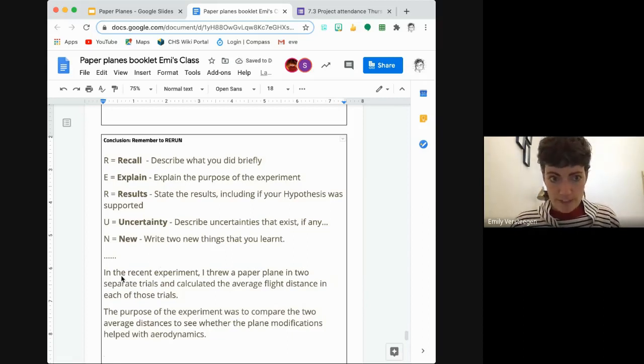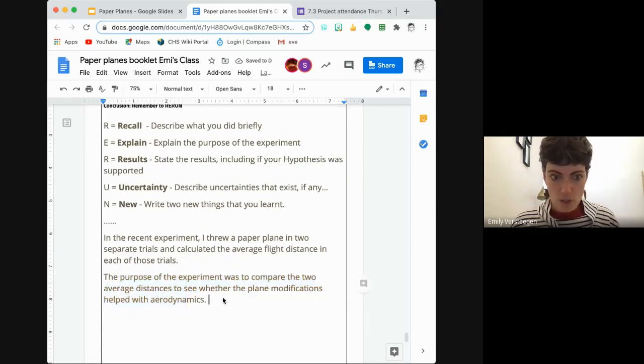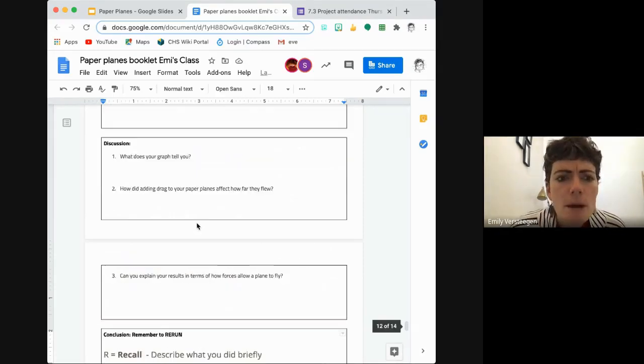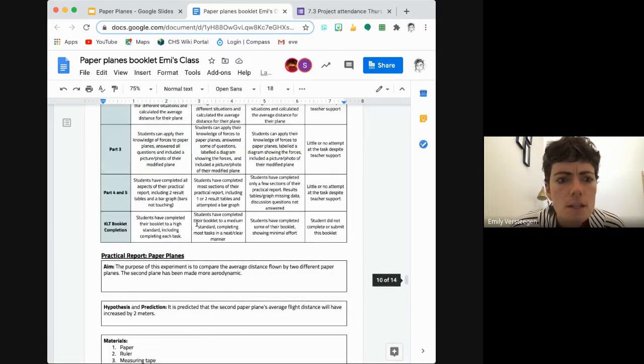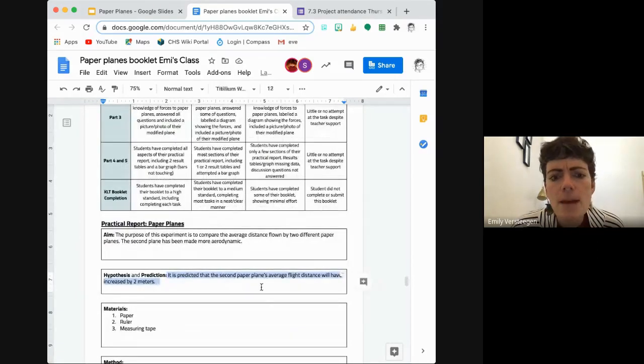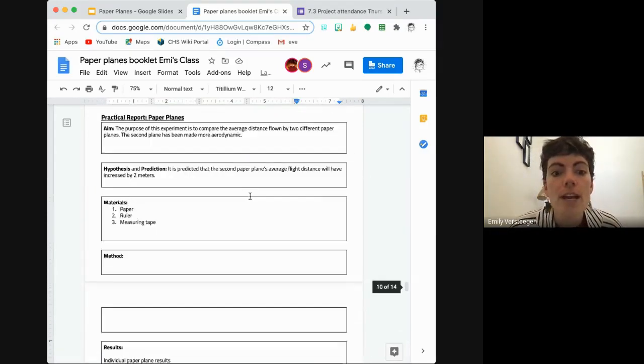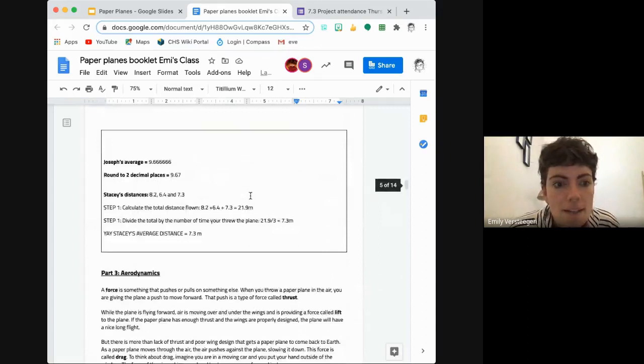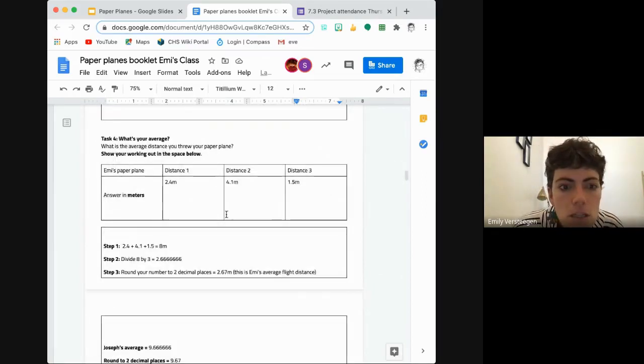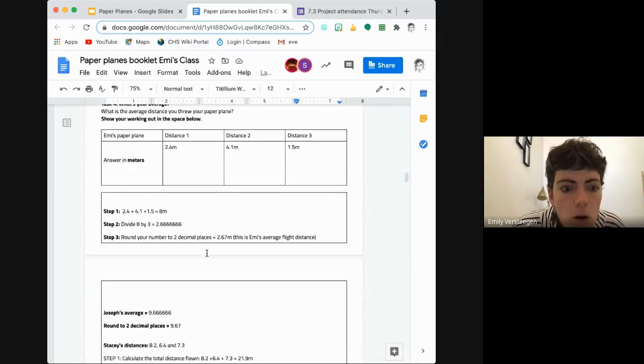So we've done the R, we've done the E. Now it's time to do the second R where we talk about the results. Okay. Now let me go back to my hypothesis, which was here. It predicted the second paper plane's average flight distance will have increased by 2 meters. Okay, let's see. My second average was 4.13, but my first one from way back at the start, oh yeah, that was 2.67.